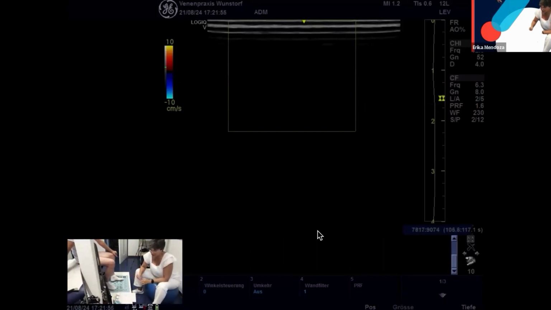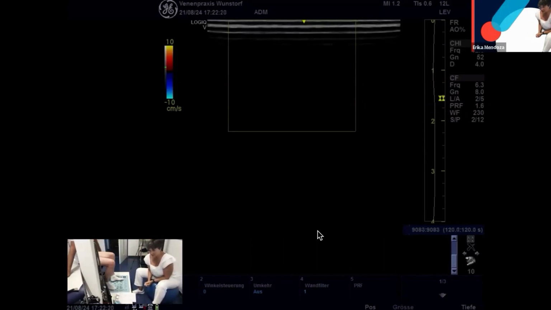And I'm so sorry for all the very well-intentioned books writing about Valsalva. Valsalva was relevant when you investigated veins in recumbent position, because you don't have the gravity to help you in the reflux. But as long as you make the investigation in standing position, you don't need it.